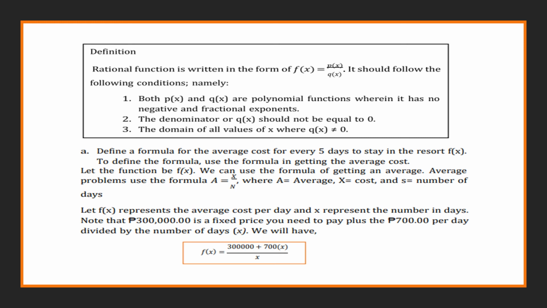Note that 300,000 pesos is a fixed price you need to pay, plus the 700 pesos per day divided by the number of days, x. We will have now f of x equals 300,000 plus 700 times the quantity x all over x. So that is now the representation of this situation or problem using a rational function.